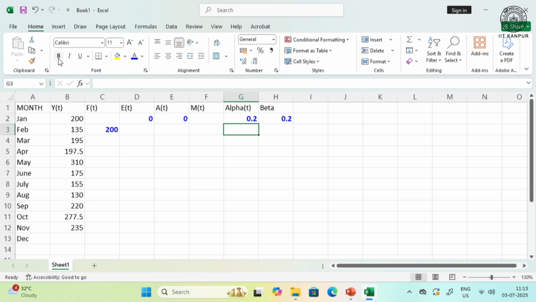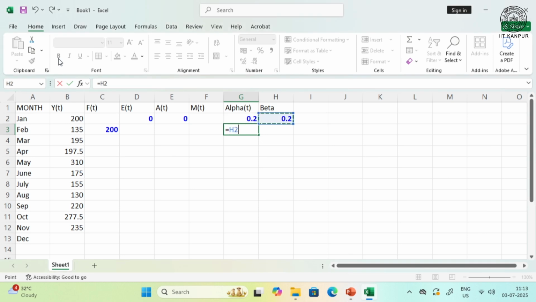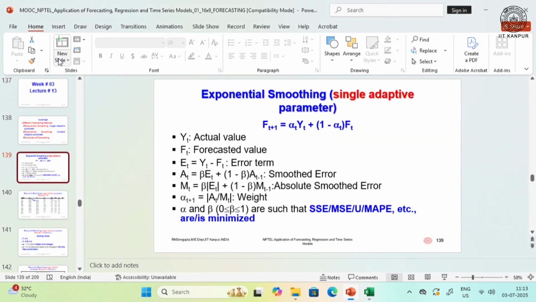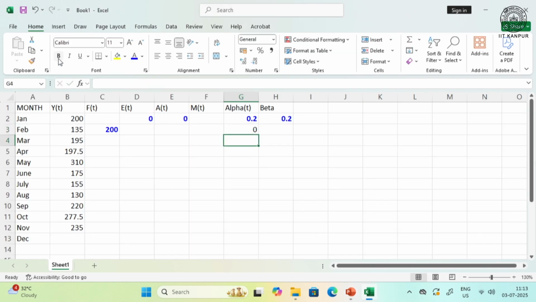I am trying to find out the next at term, which is equal to beta into et, so beta into et, which is 0, plus 1 minus beta multiplied by at minus 1. At minus 1 is 0.